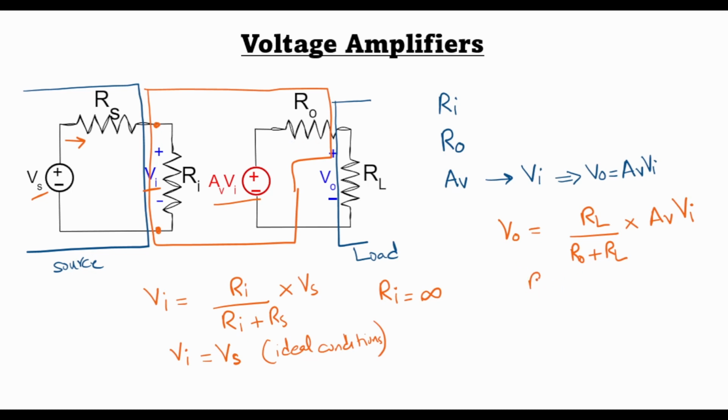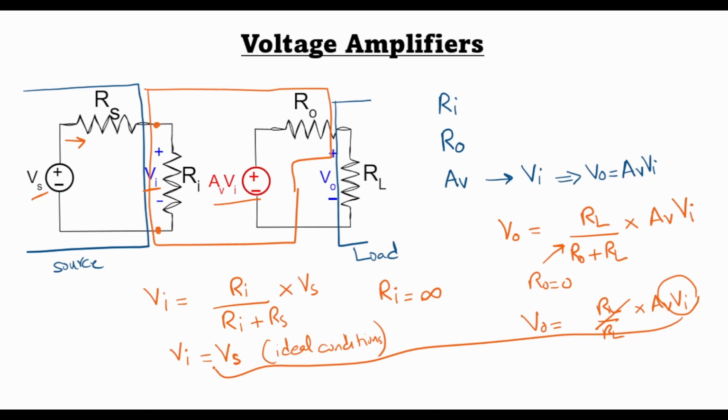So if we put R naught equal to 0 in this expression, we get V naught is equal to RL over RL times AV times Vi. Thus the output voltage is equal to AV times Vi, and Vi we have just seen equals Vs under ideal conditions. Therefore the output voltage V naught is equal to AV times Vi under ideal conditions.